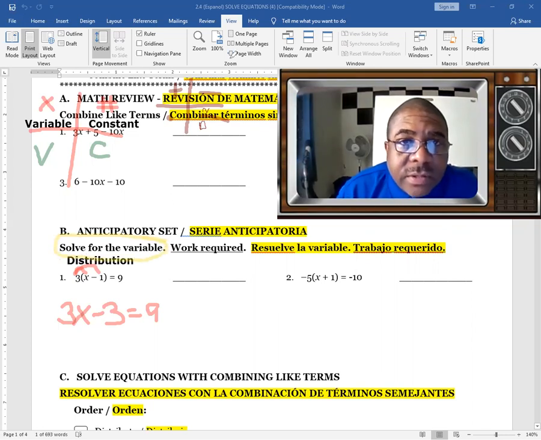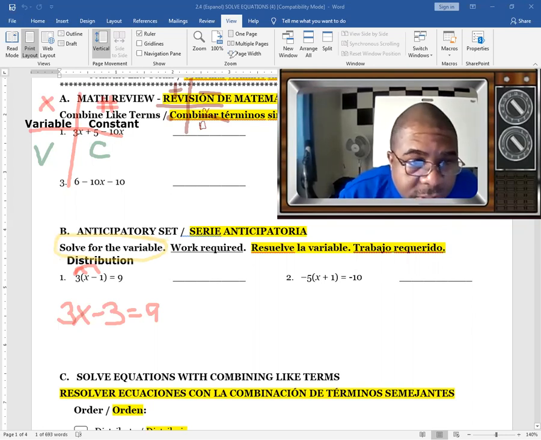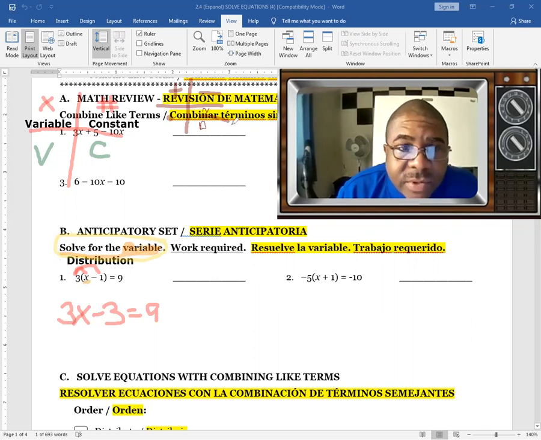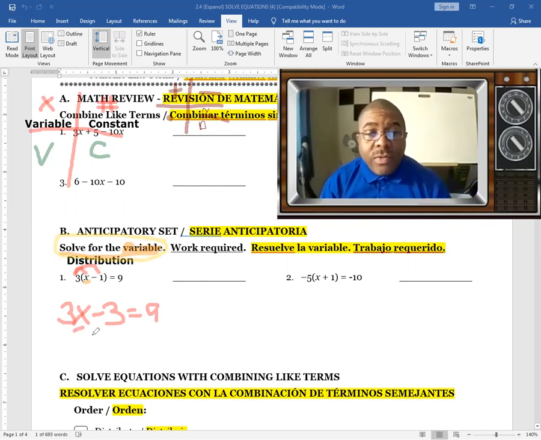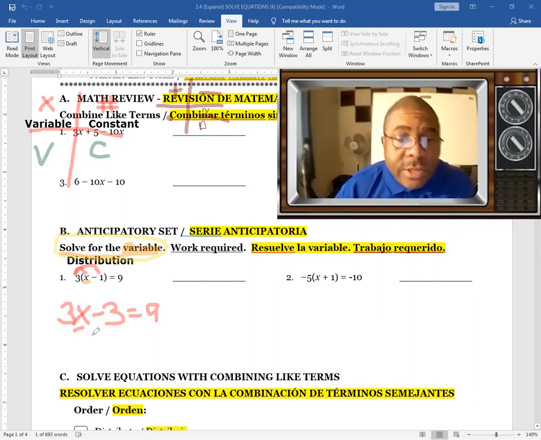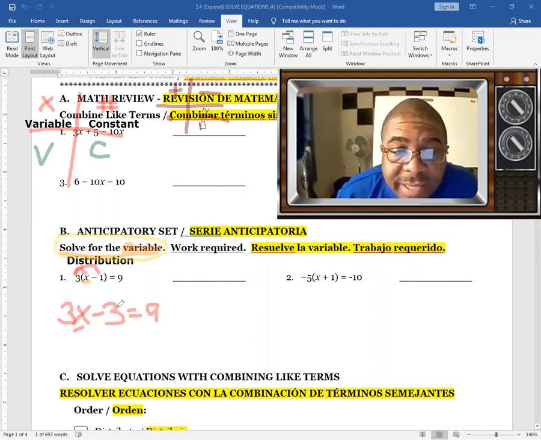Now, here's the interesting part, because these directions say solve for the variable. If we're solving for the variable, what is the variable? The variable in this case is x. So we want to know what x is. How do we find out what x is?